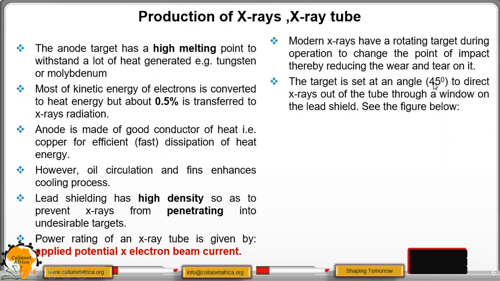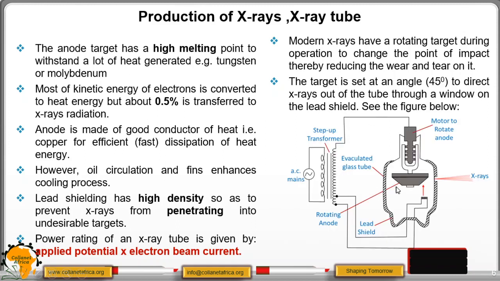Then the target is set at an angle of 45 degrees, and this is done so that we can direct the X-rays out of the tube as shown here. You can see that we have the filament that is being heated from an external source of heat or source of current. Then we have the evacuated tube, the rotating anode, the lead shield, and this is our motor that is rotating our anode.